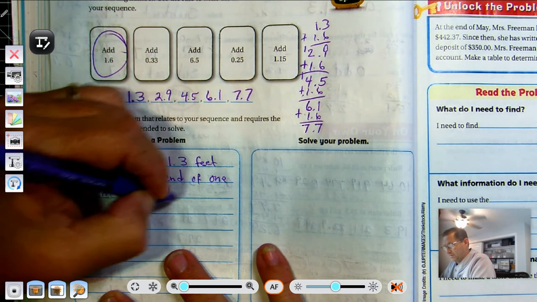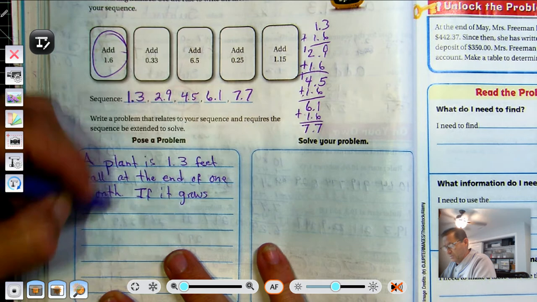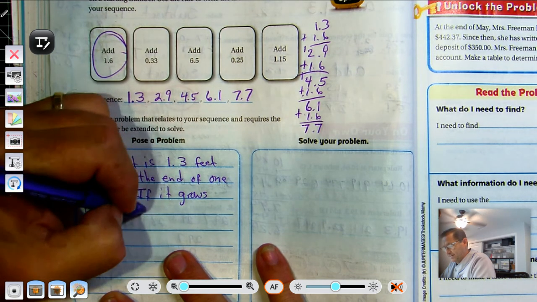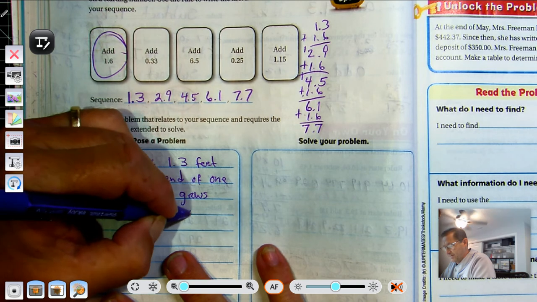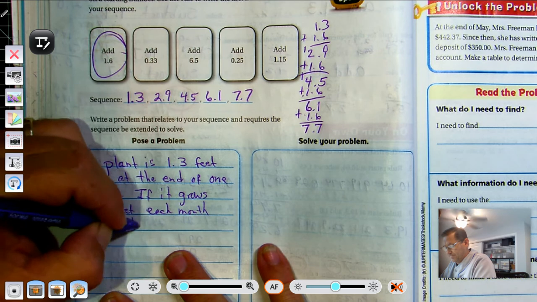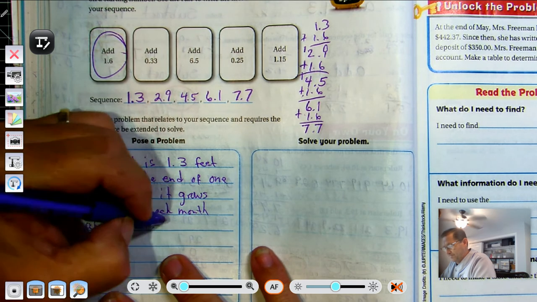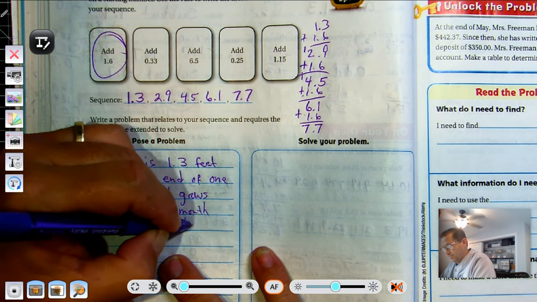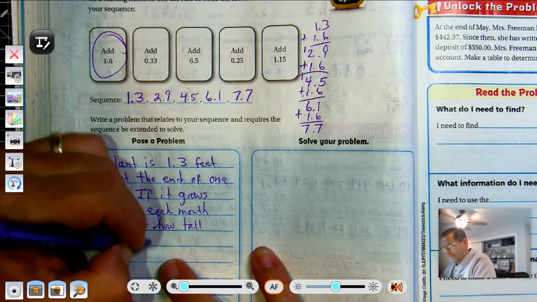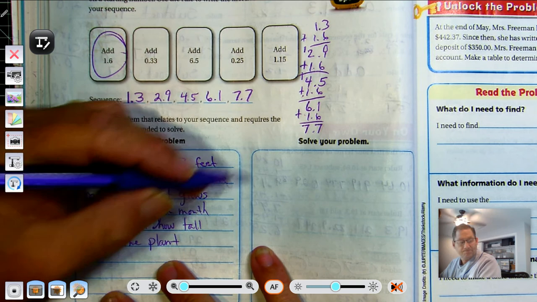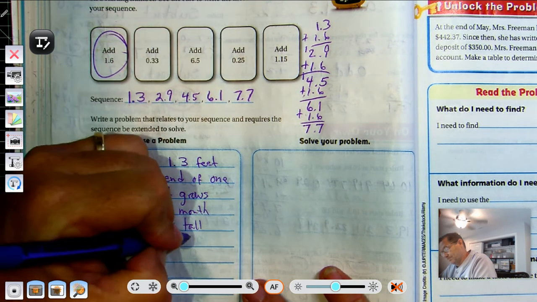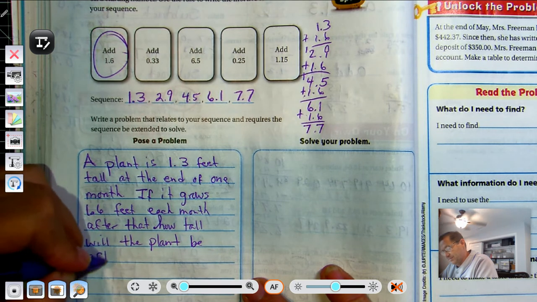If it grows 1 and 6/10 feet each month after that, how tall will the plant be after 7 months?